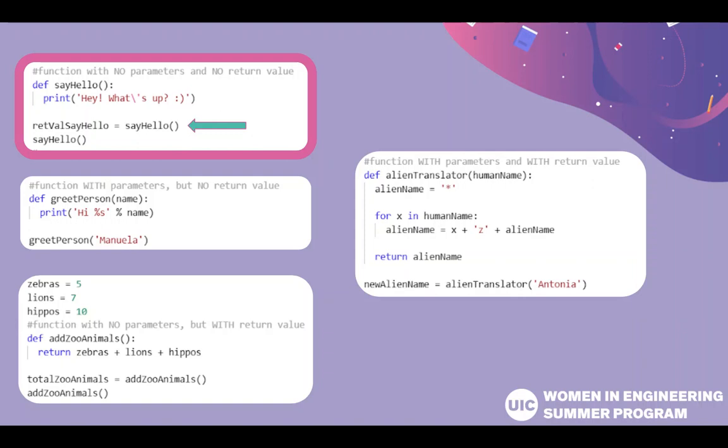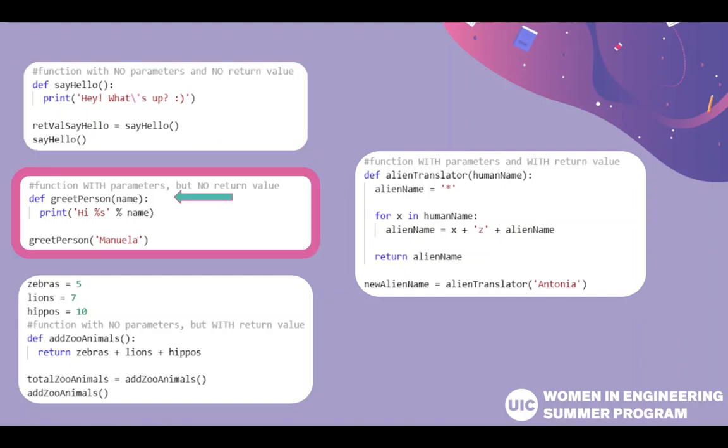So you can save the return value of that function into a variable, but since it doesn't have a return value, nothing's really going to be saved in that variable, but it's not going to break your code. And also, since you already know that it's not returning anything, you can just call it and not have the return value of that function be saved into a variable.